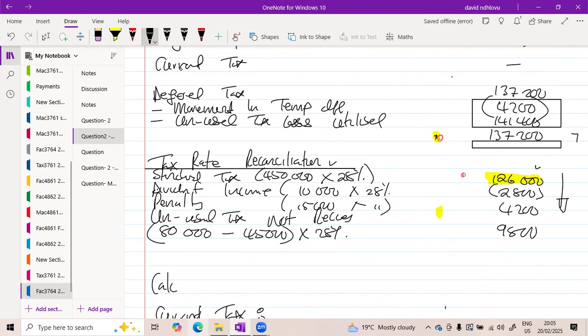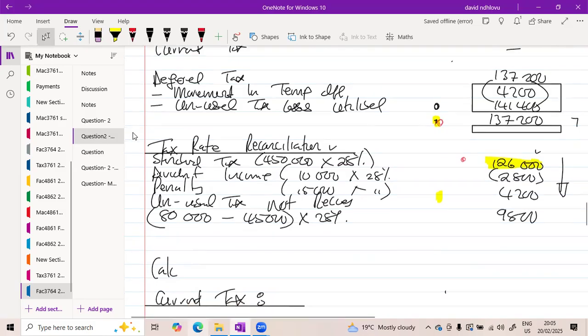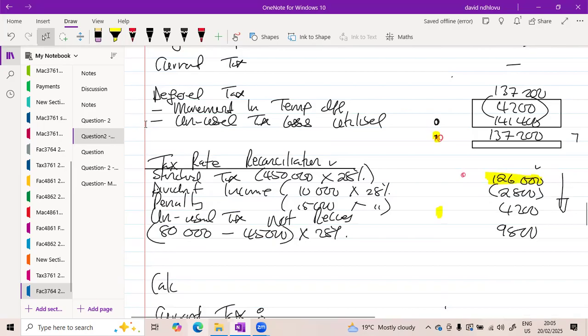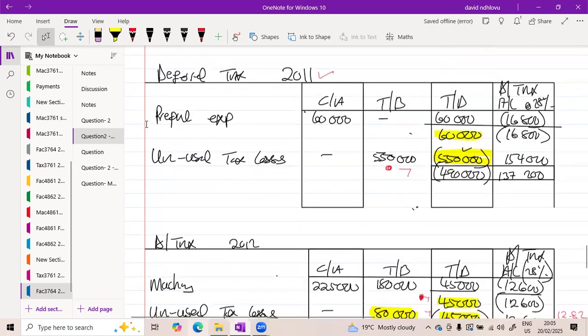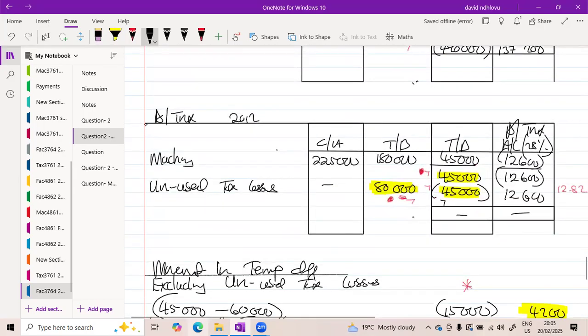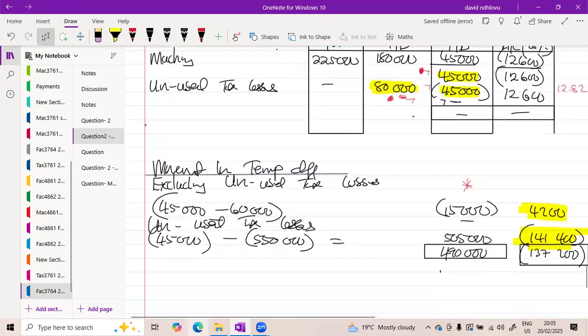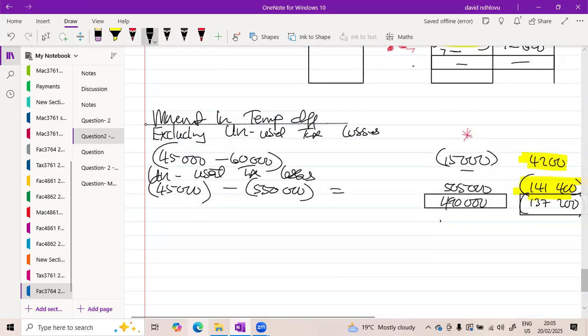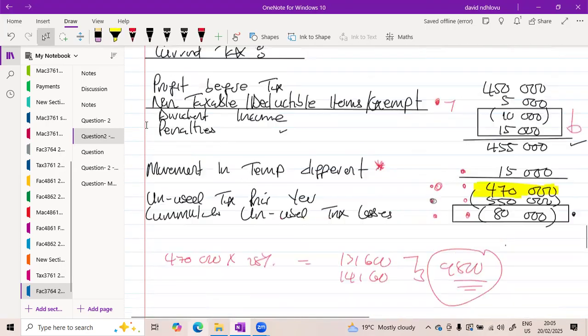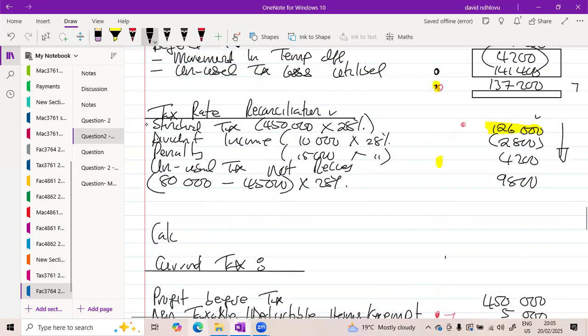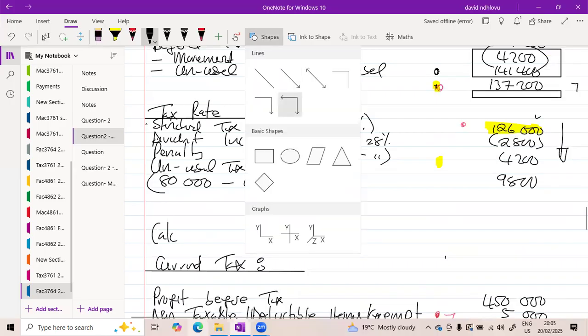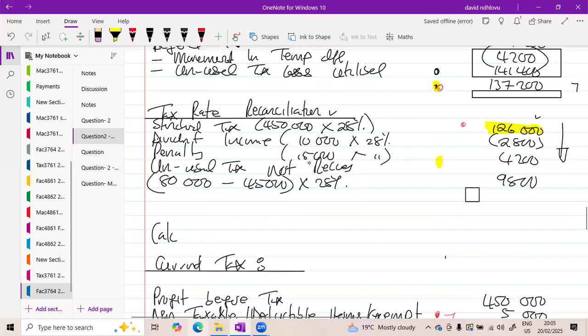So we are saying the use of this amount, which gave us 141,400, came from the fact that we limited this amount, which means it increased our temporary difference. That's why we're having that amount there, which did not happen in the second calculation here. To get the same amount, we need to add that amount there. You will balance.